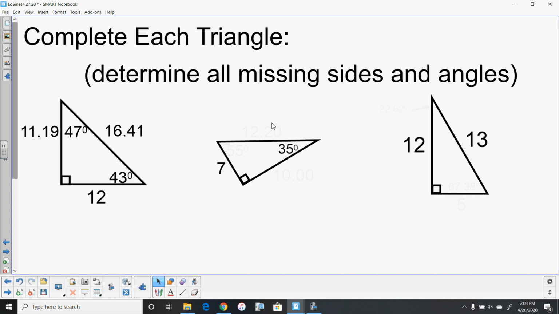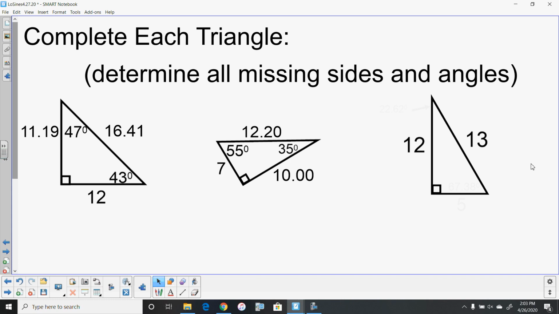If we were getting the hypotenuse, it would be 7 over sine 35. We get 12.2. When I get my other leg, we could use Pythagorean theorem or tangent like I said before. And then my last angle is just the complement of 35 degrees, which would be 55 degrees.